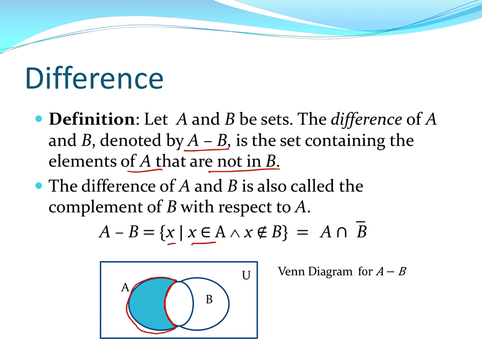So it's X such that X is in A and X is not in B. We can also write it as A intersect B complement, since B complement is everything outside of B in the universal set. The intersection of A with that set will give us the difference.